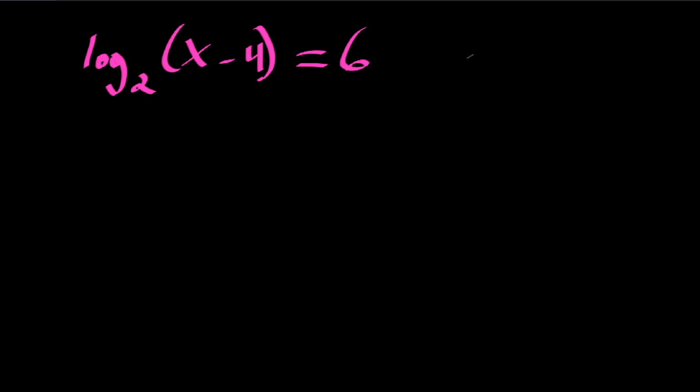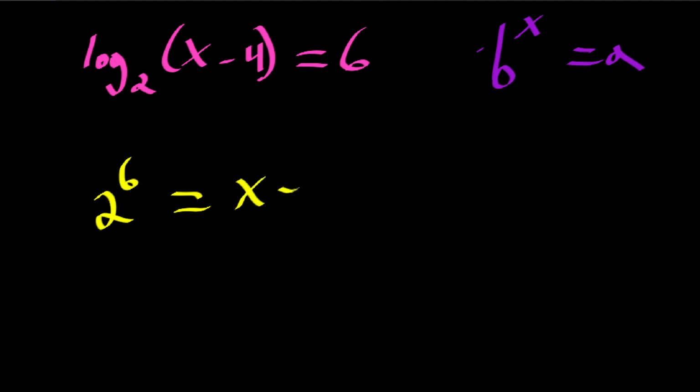Now we can rewrite this in exponential form, which is b to the x equals a. So 2 to the 6th power equals x minus 4, because the base of our logarithm is b, a is the entire expression x minus 4, and x is this 6 on the right side.